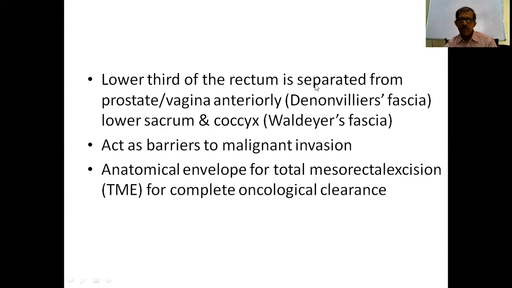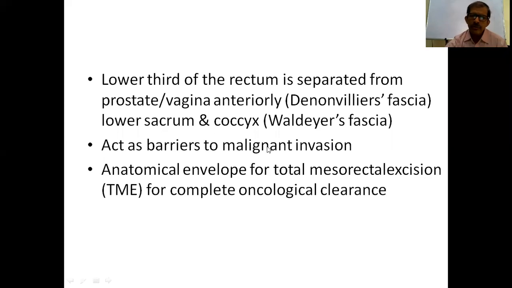The lower third of the rectum, because it is below the peritoneum, is separated from either the prostate in males or the vagina in females anteriorly by Denonvilliers' fascia. Posteriorly, over the lower sacrum and coccyx, it is Waldeyer's fascia. This Waldeyer's fascia is anterior to the presacral fascia. I will show you that also. What is the surgical importance? They act as barriers to malignant lesions.